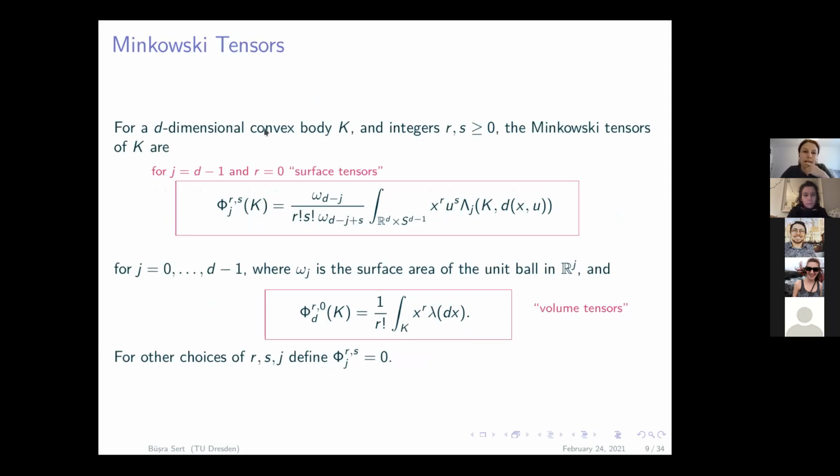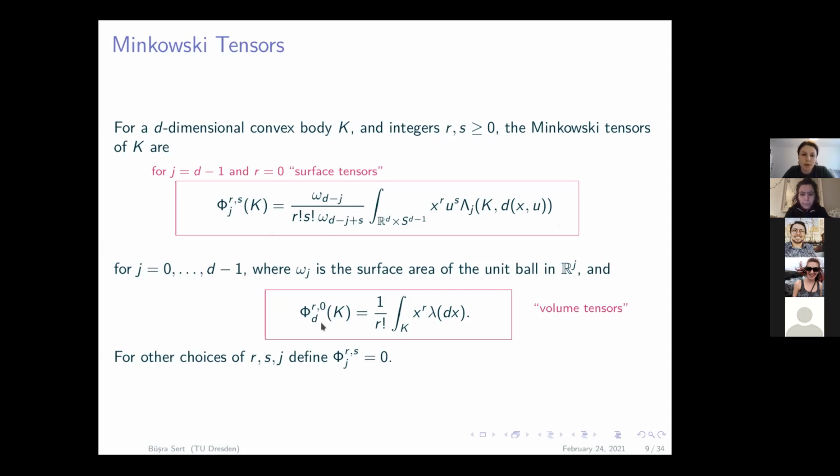Now we can define Minkowski tensors. For a d-dimensional convex body and for non-negative integers, Minkowski tensors are defined as follows. For j from 0 to d minus 1, we have this formula. Here we already saw lambda j is the support measure, and omega d minus j is the surface area of the unit ball in R^(d minus j).